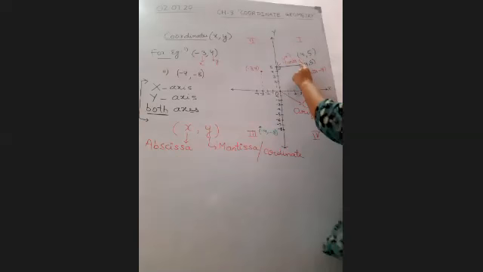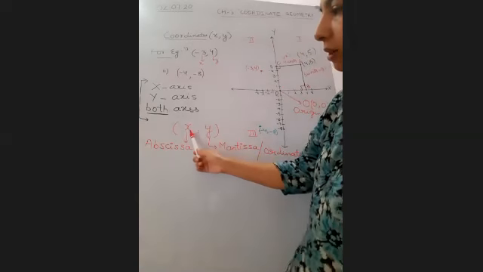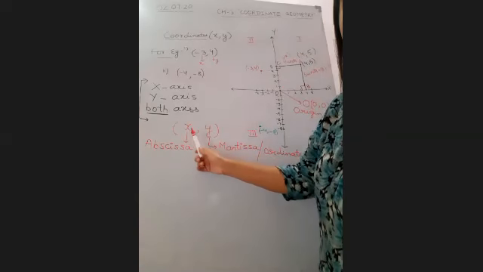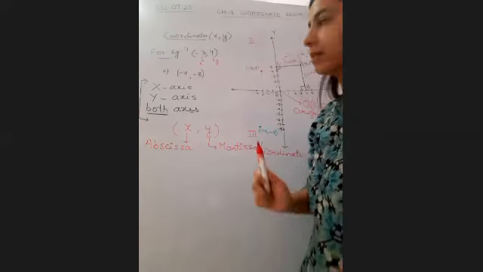Abscissa is the perpendicular distance of a point from which axis? Y-axis. Very good. This x is the perpendicular distance of a point from the y-axis.